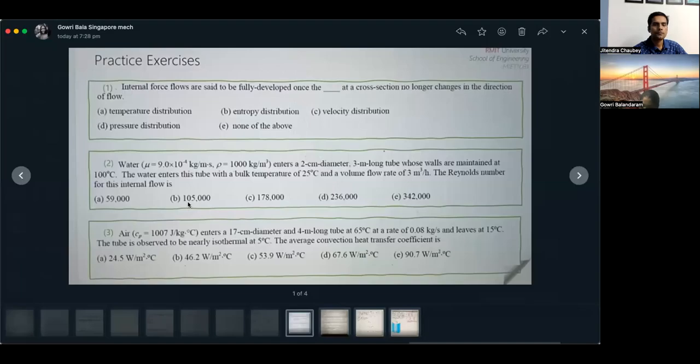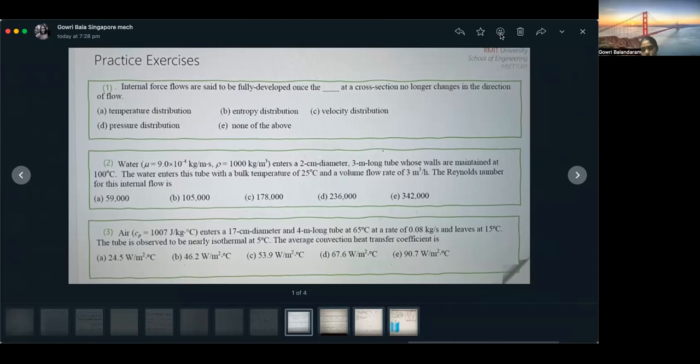Okay. Proceed. Okay, like in question 2. Okay, so for the volume flow rate, he just took the. What did you answer for the first question? My answer for the first question was velocity distribution.